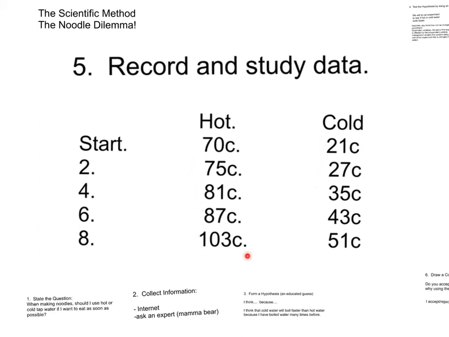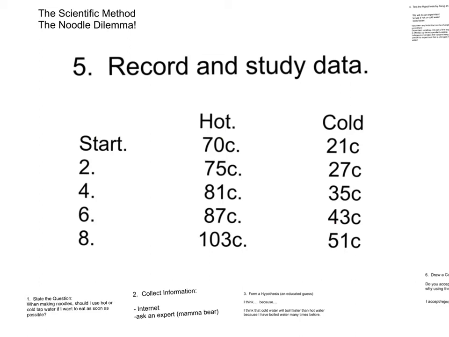We stopped at 8 minutes because the water that was starting at 70 degrees Celsius was boiling by 8 minutes. So that's our data that we would study, and from this data we could say, hey, the hot water boiled faster. It took a little less than 8 minutes to reach boiling. The cold water only made it up to 51 degrees Celsius.